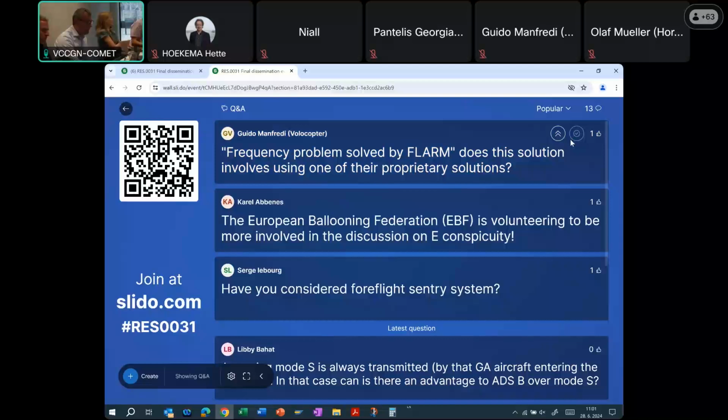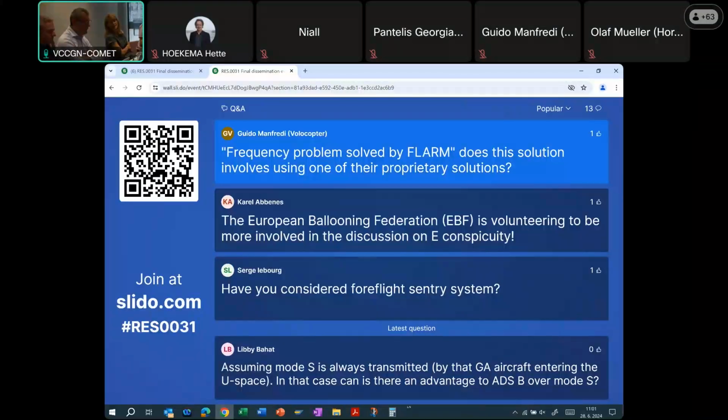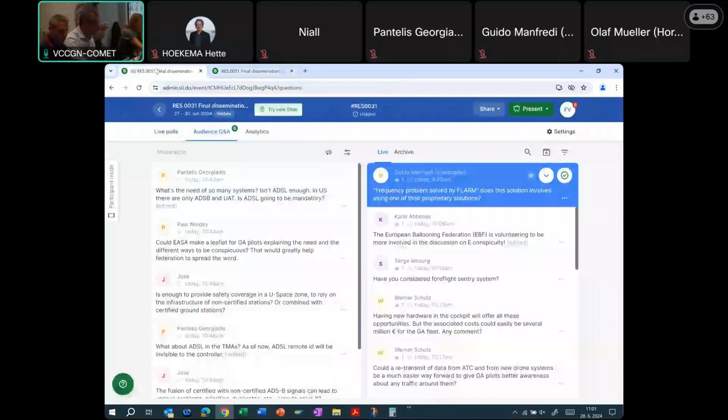Okay, next one from Guido. Frequency problem solved by FLARM. Does this solution involve using one of their proprietary solutions? I think that was a hardware problem. It doesn't have to do with the proprietary solution.